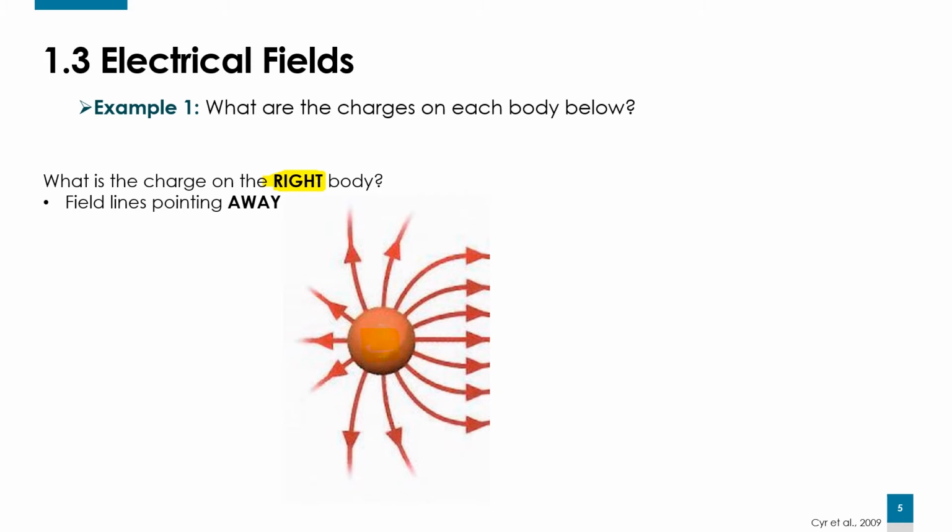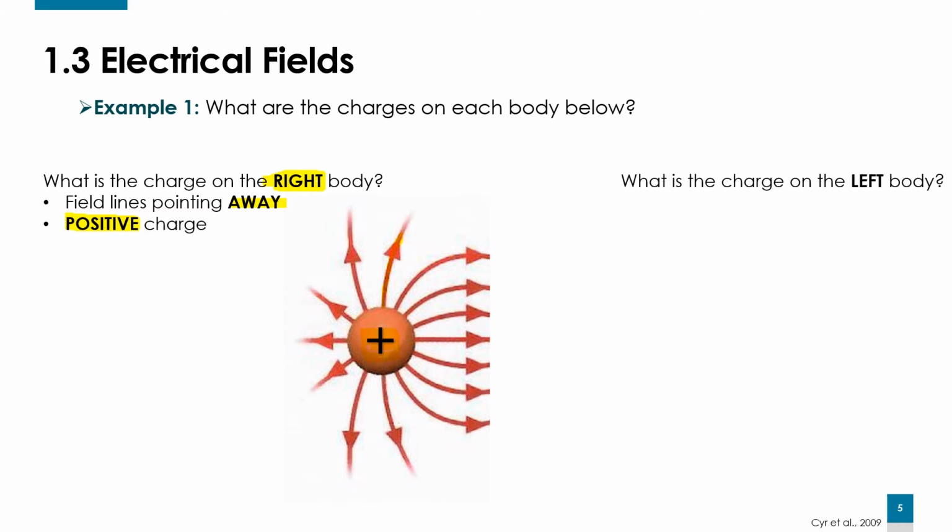The field points away. Remember, positive charge points away and negative charge points toward. Because it points away, I know it's a positive charge.